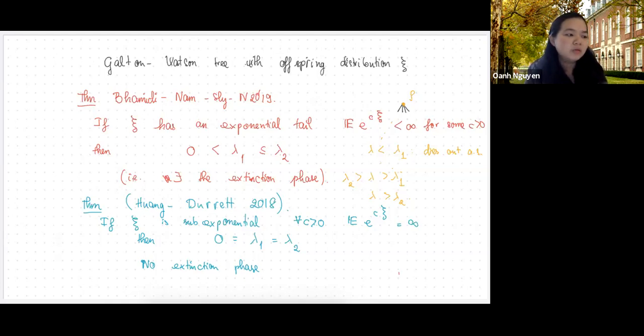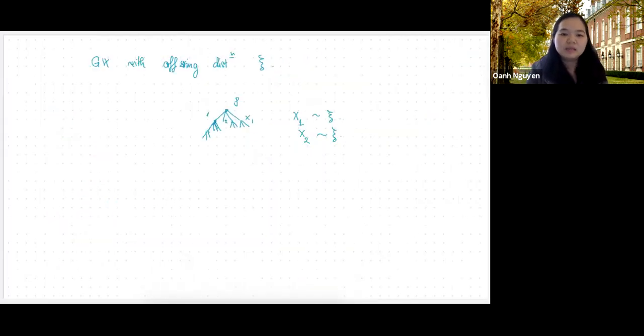Now, there is a close relationship between the contact process on trees and on random graphs. So let me move on now to talk about finite graphs.